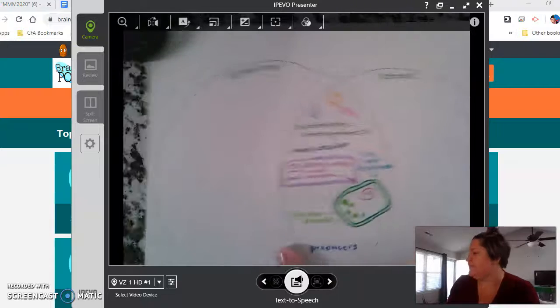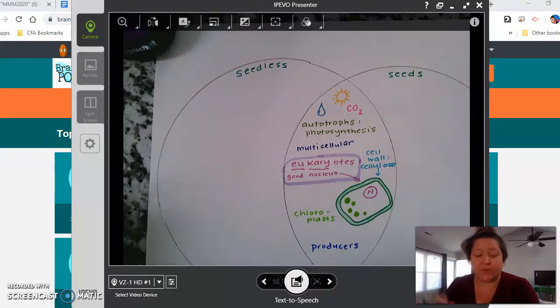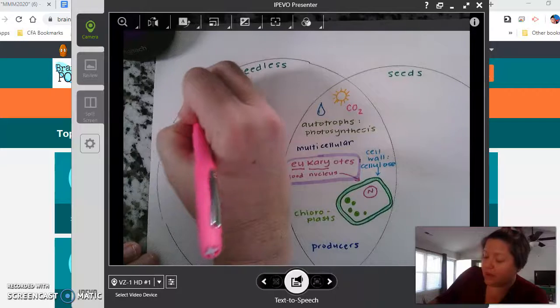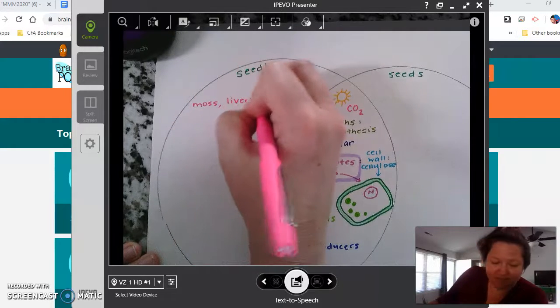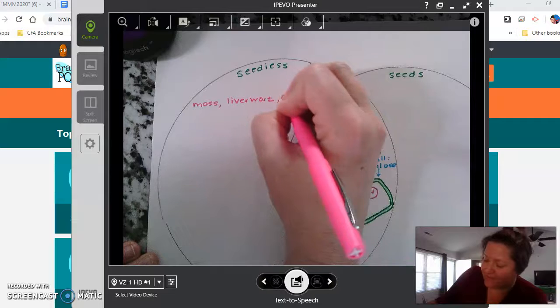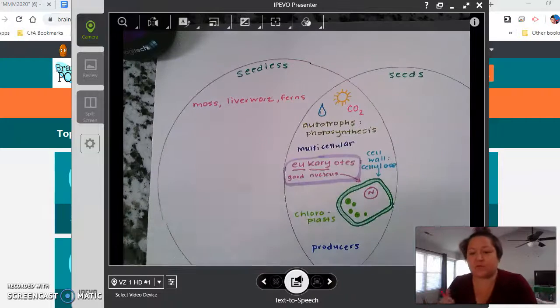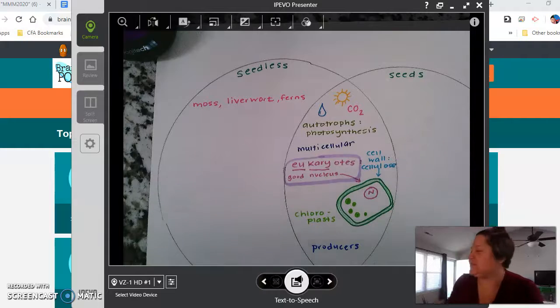So what about my seedless plants? What makes them so different? Well, these were probably our first plants. Some examples are going to be moss, liverwort, right? Ferns. So if you were to go to a seed supply store, you would not be able to find seeds for these guys. That is because instead of seeds, they are using spores.